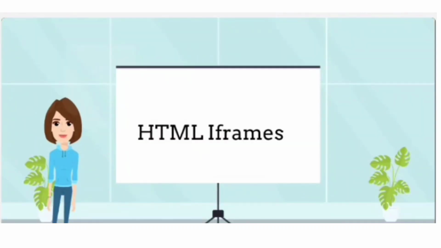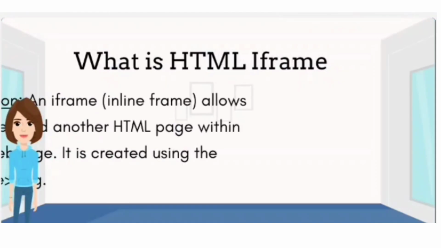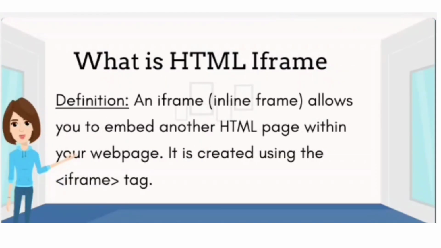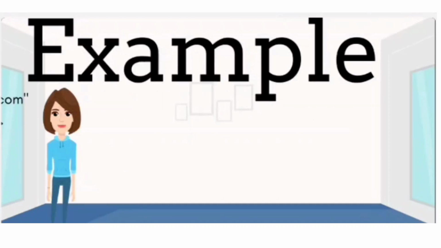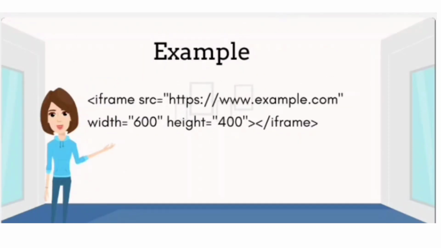HTML iframes. What is an HTML iframe? An iframe, inline frame, allows you to embed another HTML page within your web page. It is created using the iframe tag. Here is the example.